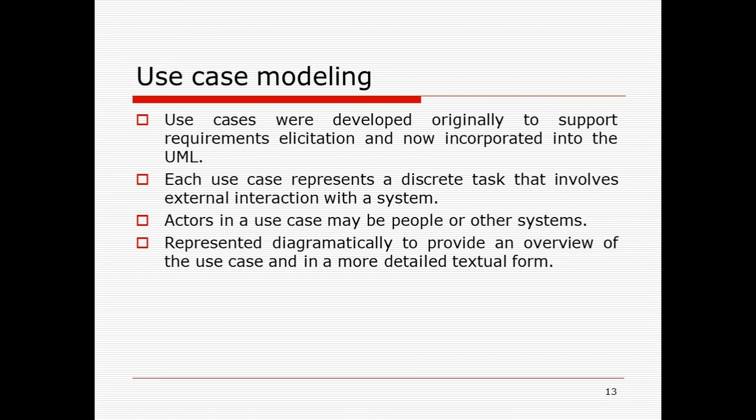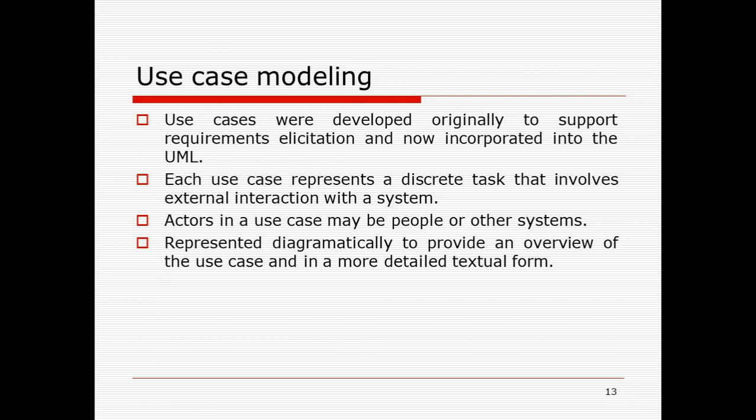So first is the use case diagram. Use cases are basically to identify the requirements, or we can say requirement elicitation. Okay, and these use cases are part of the UML diagram.